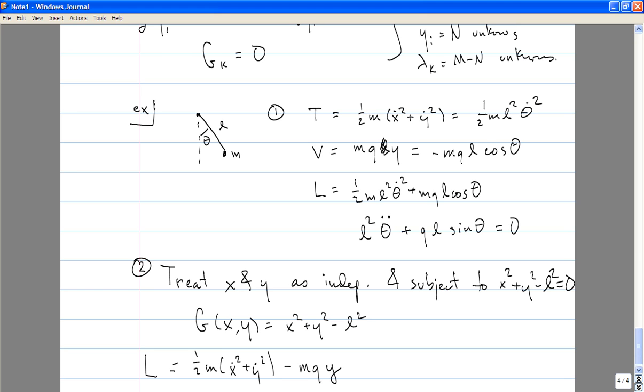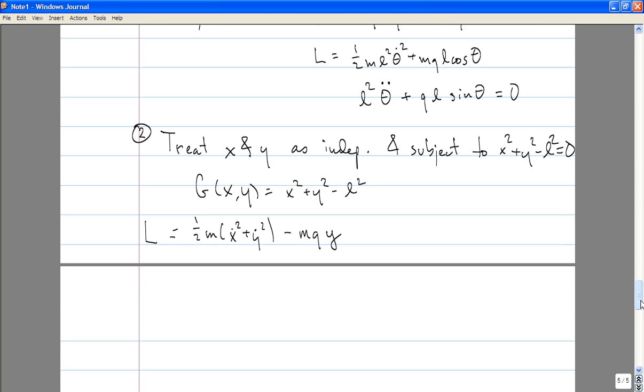And then in order to solve the system, I just treat L plus lambda G as a Lagrangian, and I minimize it. I write down the equations of motion for x and y separately. So this is 1/2 m (x dot squared plus y dot squared) minus mgy plus lambda times (x squared plus y squared minus L squared).